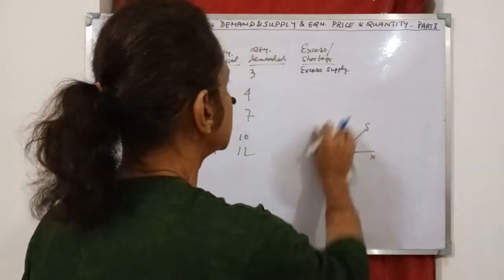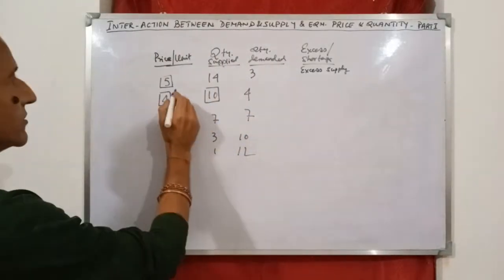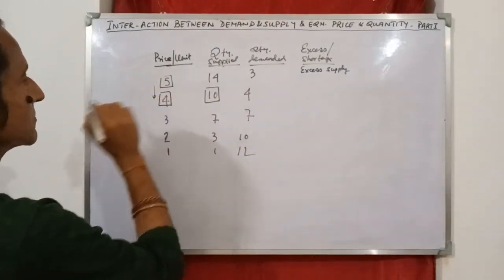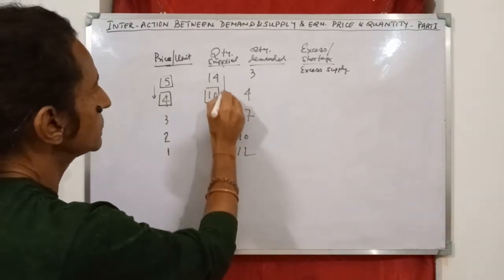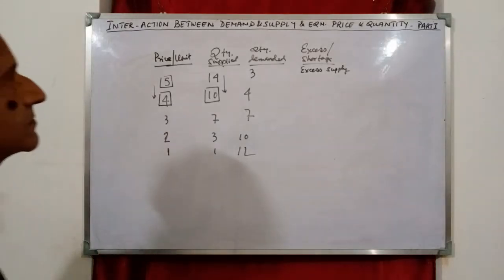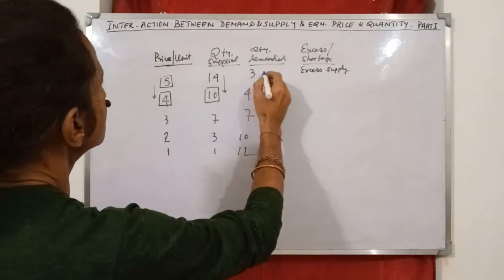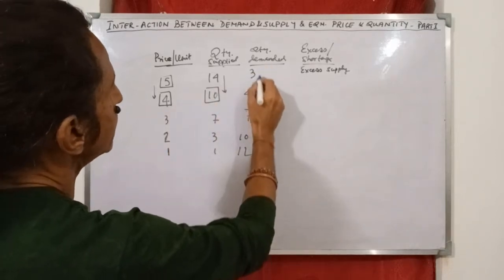So when price is decreasing from 5 per unit to 4 per unit, quantity supplied falls from 14 to 10. And since price has fallen, quantity demanded increases.